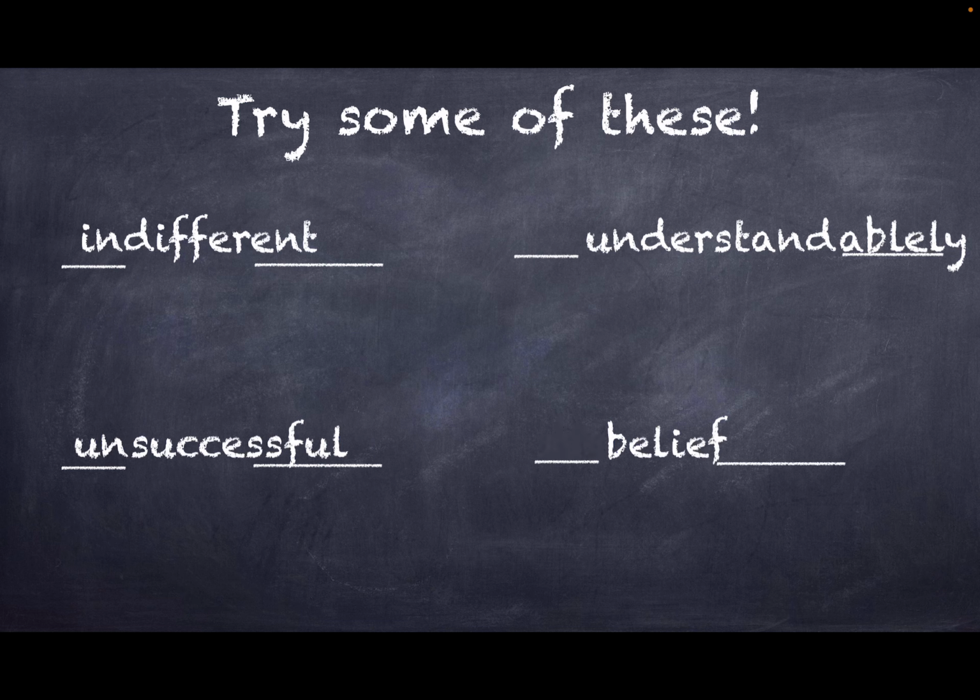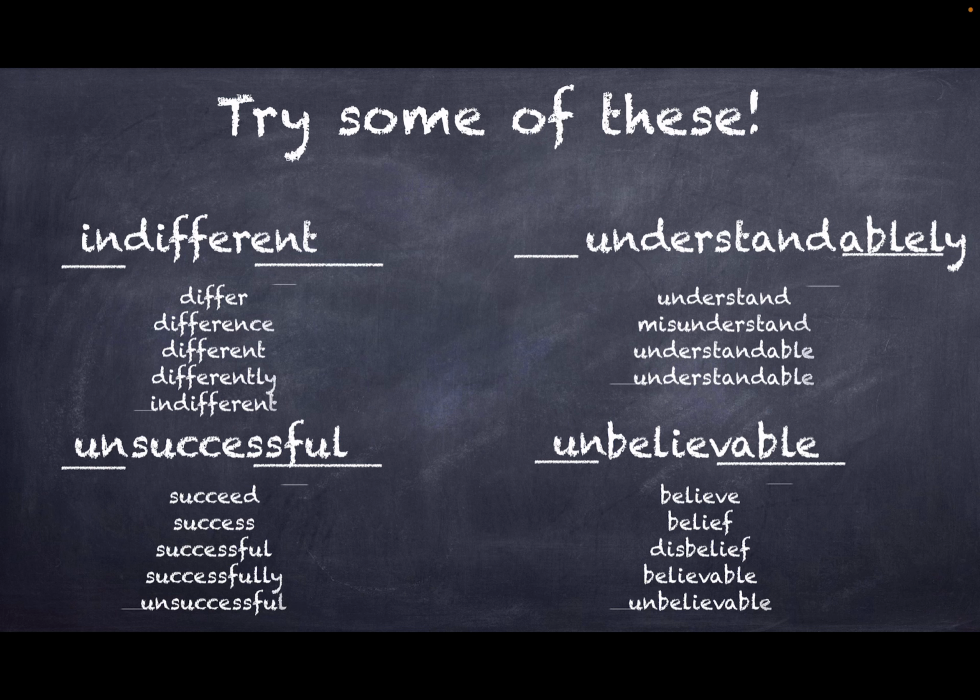Or maybe you added an adjective ending, believable. Or another prefix, unbelievable. Great job. Again, there might be a lot more examples that you came up with. These are just a few examples of how you can take the root of a word and build your word family.